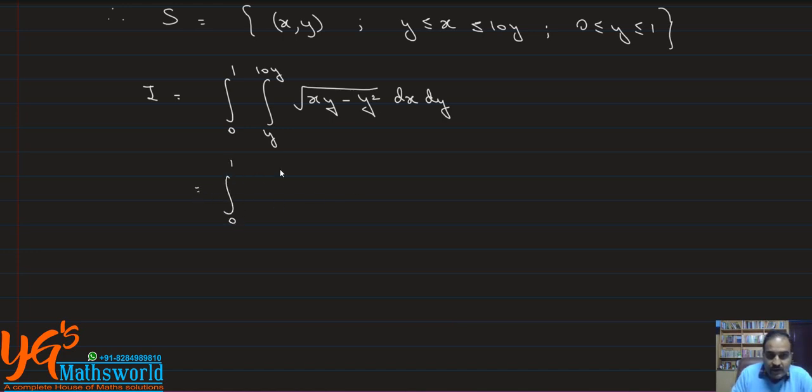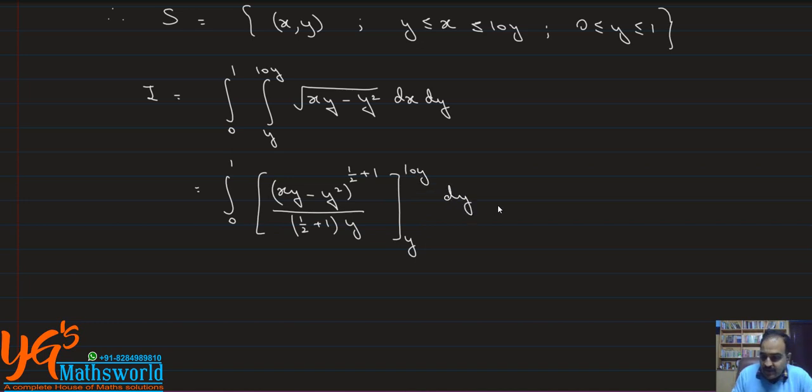So 0 to 1. Now when I am taking the integration of this one, we have a root, so it will be (xy minus y square) raised to power 1 by 2 plus 1 over 1 by 2 plus 1, into the coefficient of x, because we are integrating with respect to x, so the coefficient of x will be y, within the limits y to 10y, into dy.